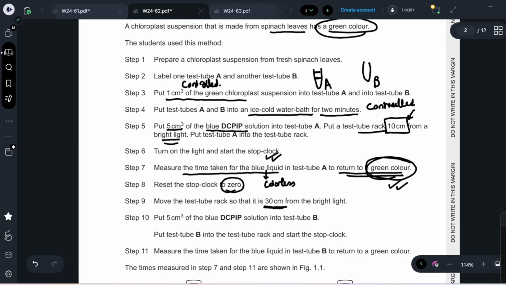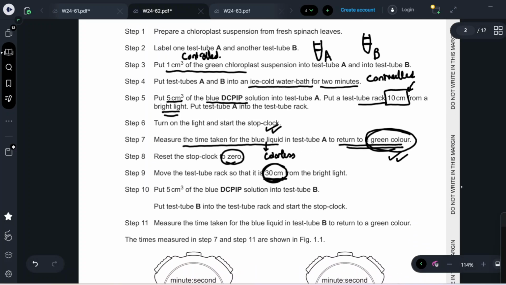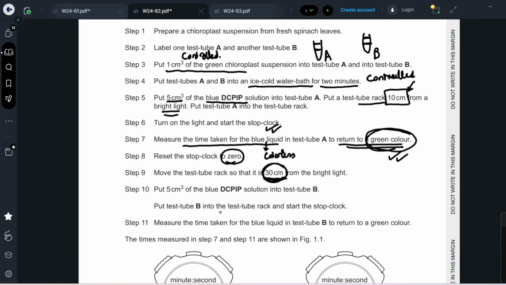And then I will do test tube B. Chloroplast suspension, DCPIP, I will put it in the rack, which is 30 centimeter away instead of 10 centimeter. Put the test tube in the rack, start the stop clock, measure the time taken to turn to green color.